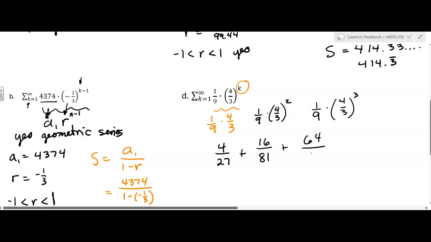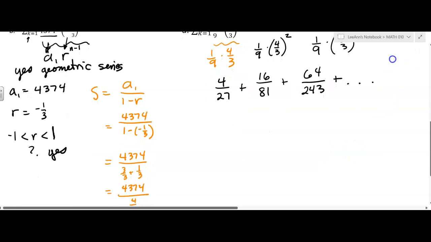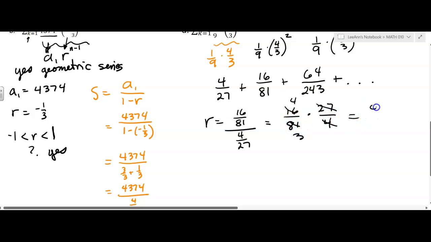Yeah, 243. Okay, and then it keeps going. I'm not going to do any more. I want to see what the ratio is doing. I want to see if it's geometric. So the ratio would be 16 over 81 divided by 4 over 27, or 16 over 81 times 27 over 4. So 4 goes into 16 4 times, 27 goes into 81 3 times, so you're getting 4/3.